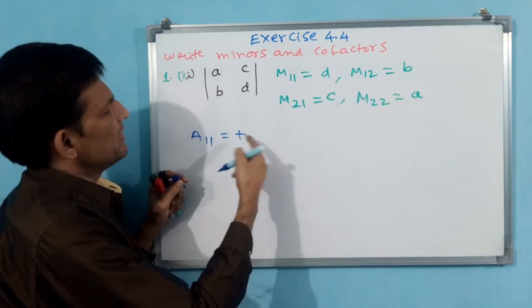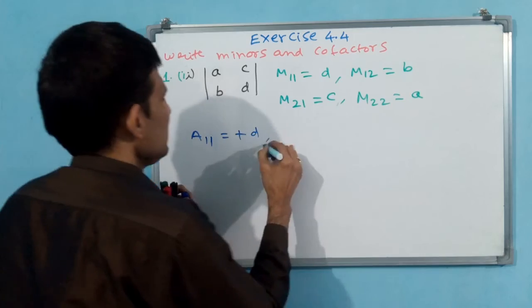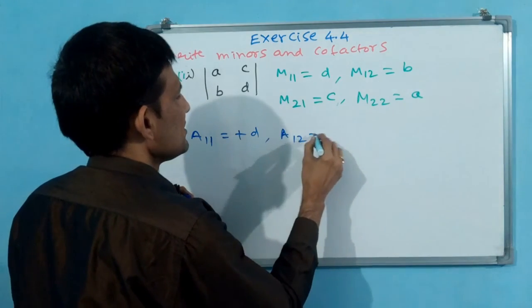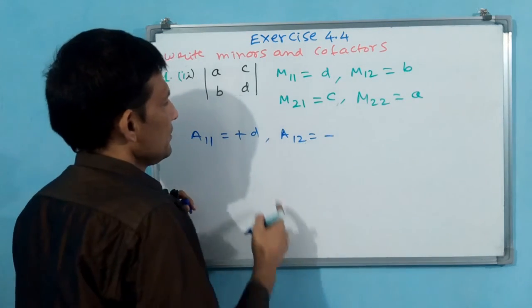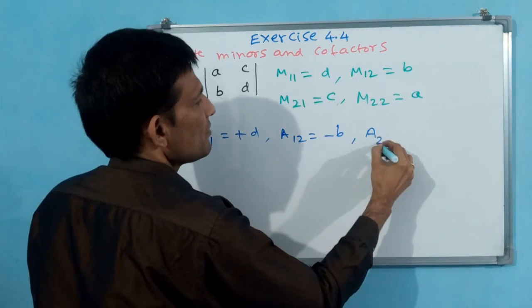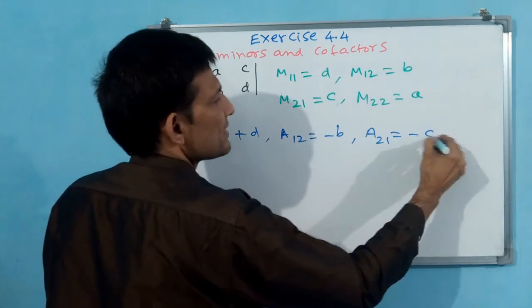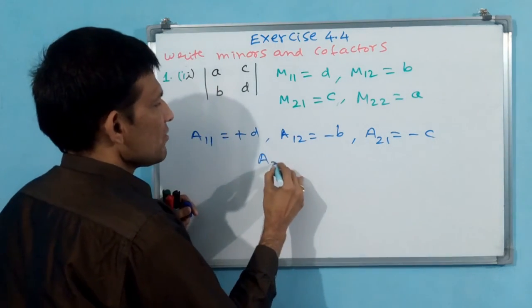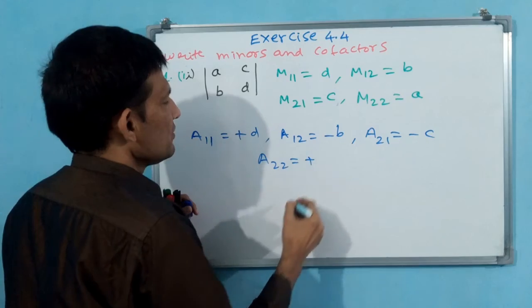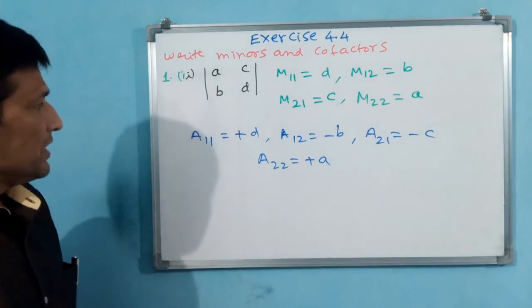Directly I am writing, because M11 is D, plus D. Then you write A12, but negative, M12 is B, so minus B. Then A21: negative, but M21 is C, minus C. Then I will write A22: positive, M22 is A.